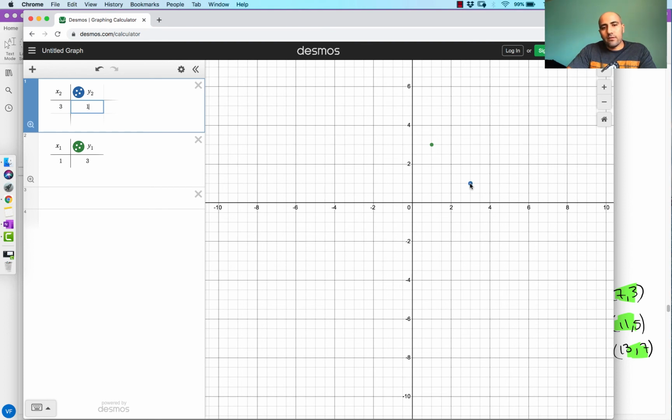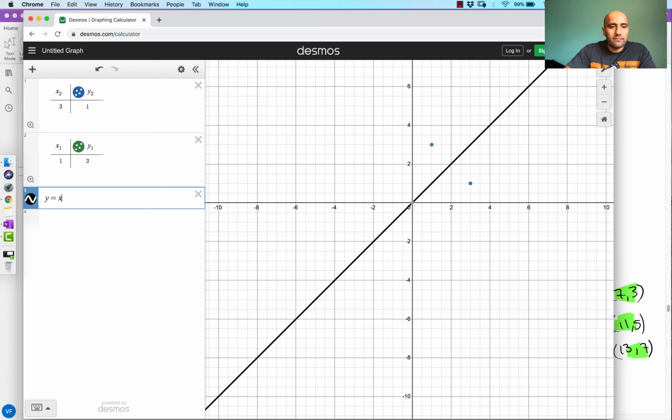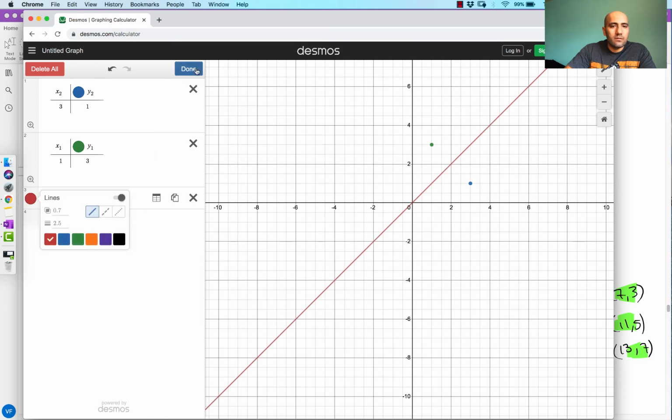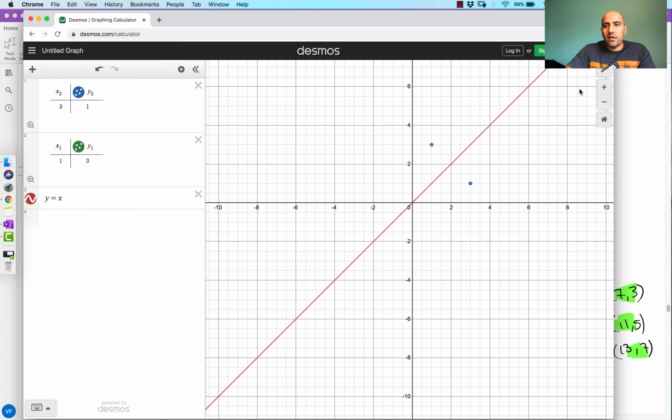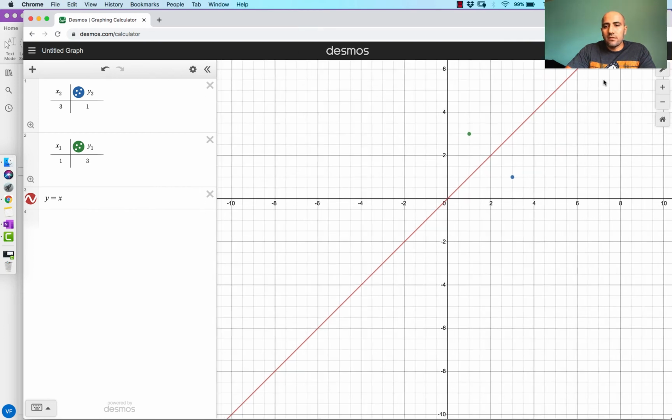So I get that point. And if we draw the line y equals x in red, okay, so here's the line y equals x, and here is the point (1, 3), and the point (3, 1). Okay, let's do a couple more and see if you notice the pattern.